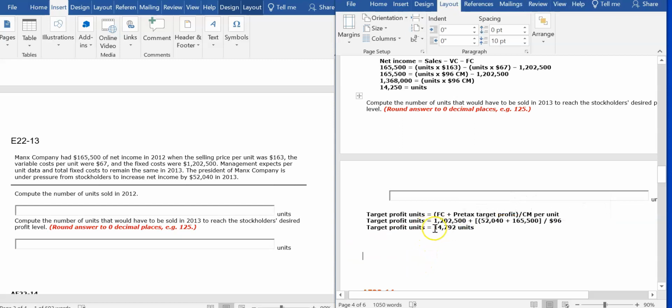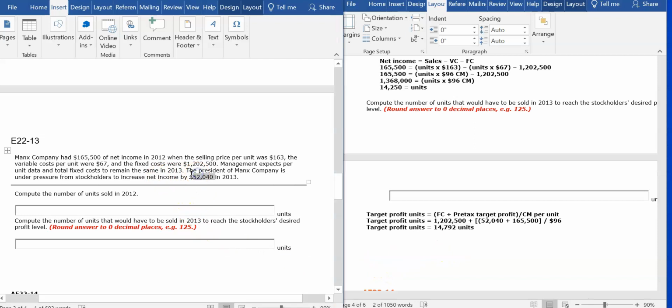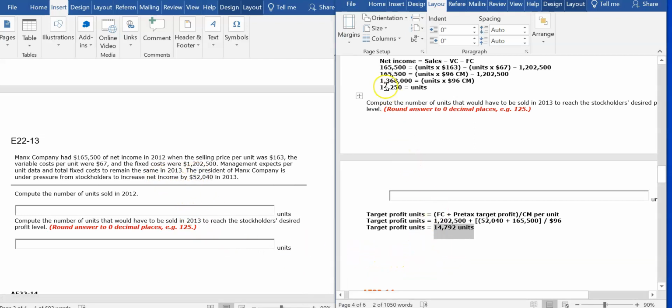In other words, this tells us they need to sell 14,792 units to increase their profits $52,040. Ultimately, what management then does is determine last year's units sold were 14,250. Can we increase sales enough to reach our new desired level that the stockholders want?